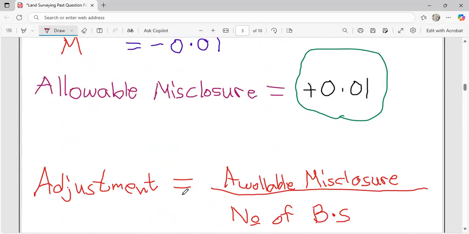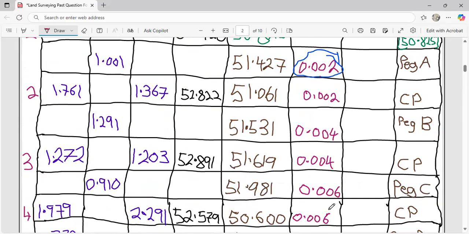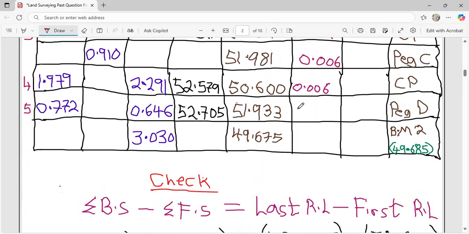Okay, so 4 times 0.002 is equal to what? 0.008. Good.